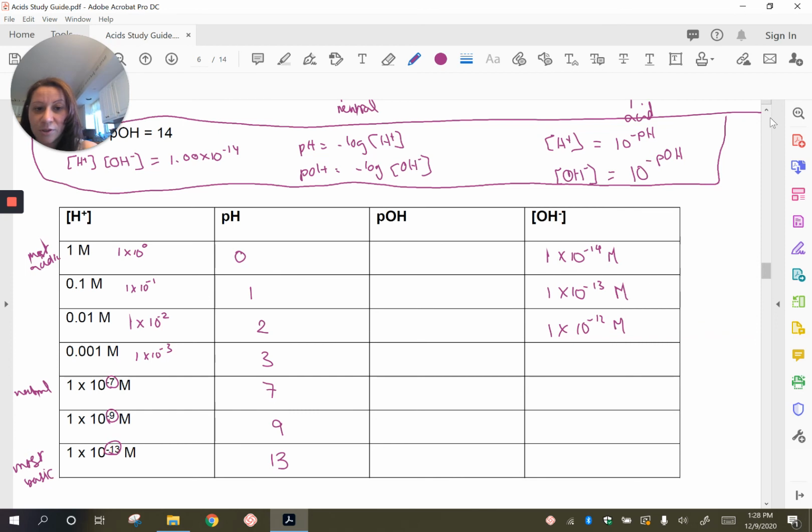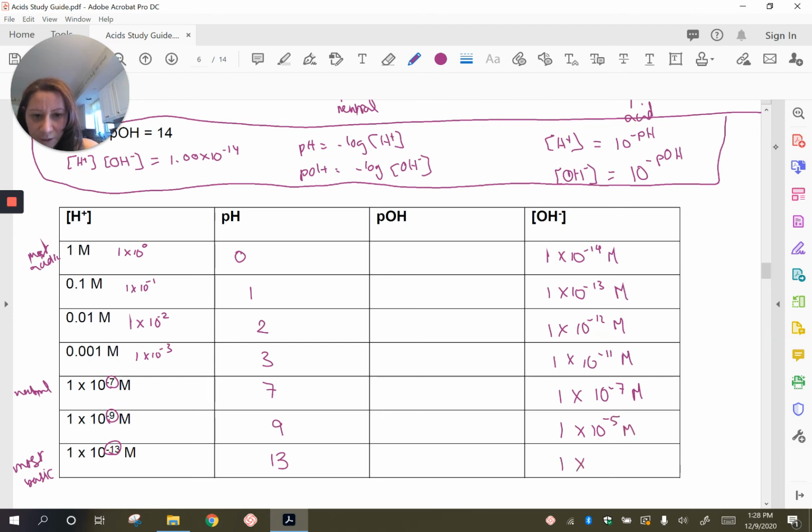Again, you need to be able to do this in your head. 1 times 10 to the negative 11th molar. This one, if I plug that in here, I'd get an OH minus concentration of 1 times 10 to the negative 7th molar. This one, 1 times 10 to the negative 5th molar.